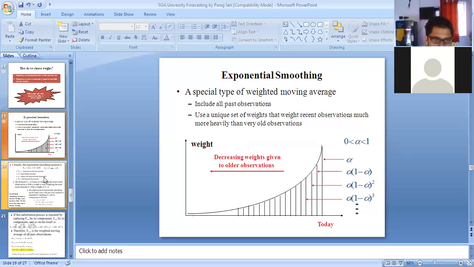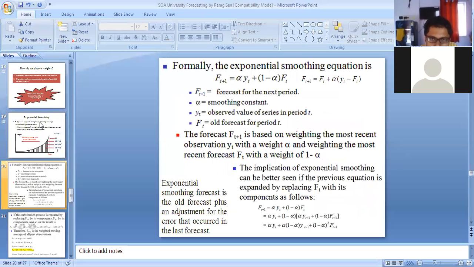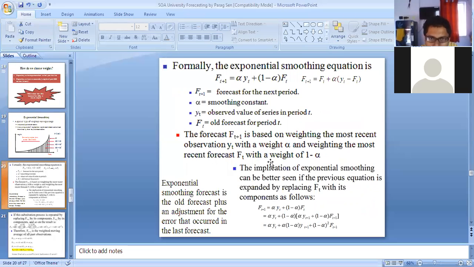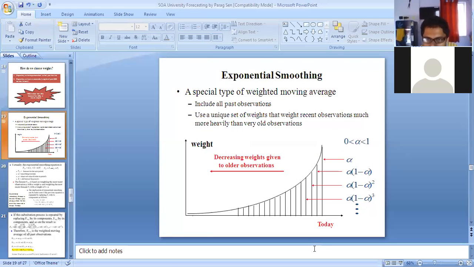This value determines or controls this particular process, which is known as the smoothing constant. You can see in this graph, this is the weight, along the y-axis, and along the x-axis you are representing the periods.